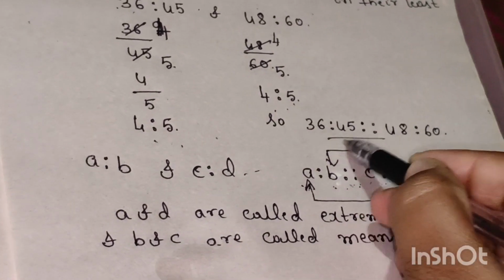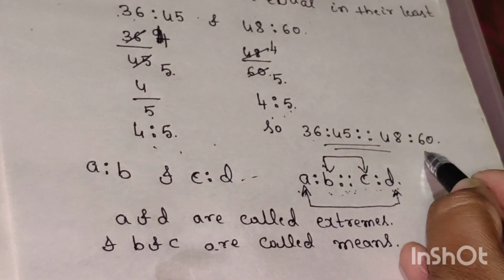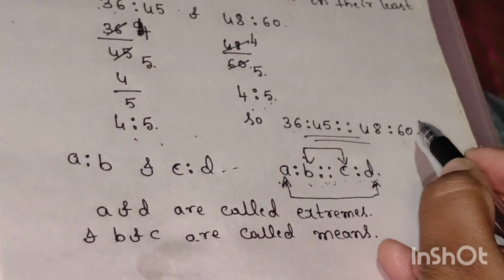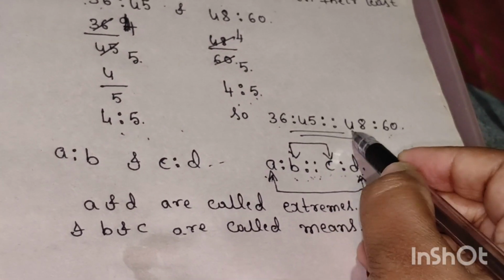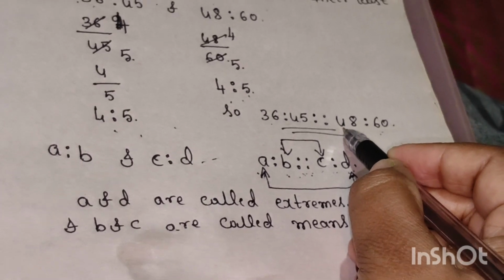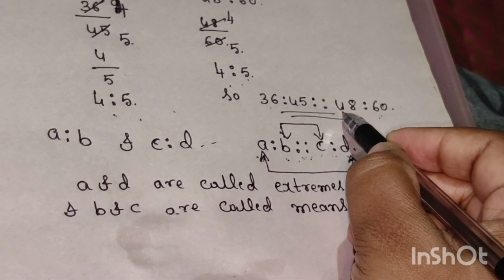So in this proportion 36 and 60 are called extremes, 45 and 48 are called means. Got it?